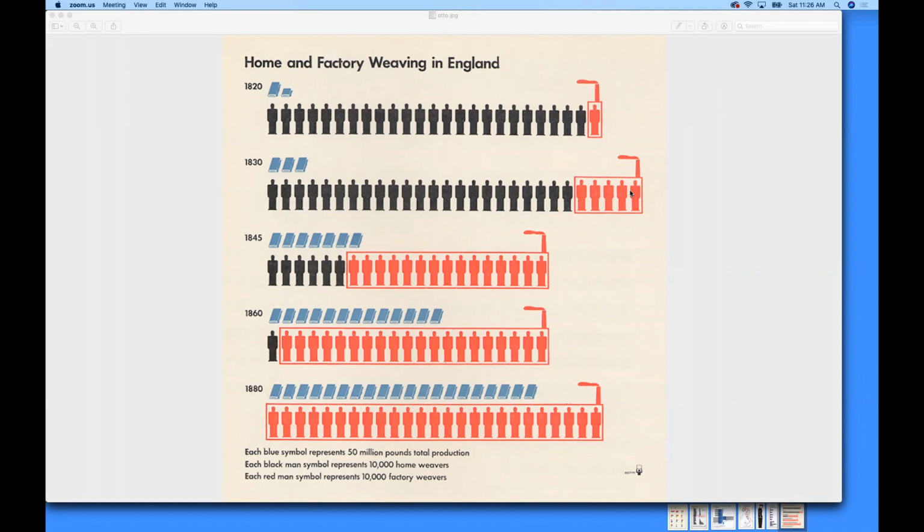Neurath's team underlines the difference in home and factory work by color coding and the slightest touch of illustration. The chart was made in the 1930s and today can be criticized for depicting all the workers as male. It's the principle I'm pointing to here, not the apparent political correctness of some of the pictures.